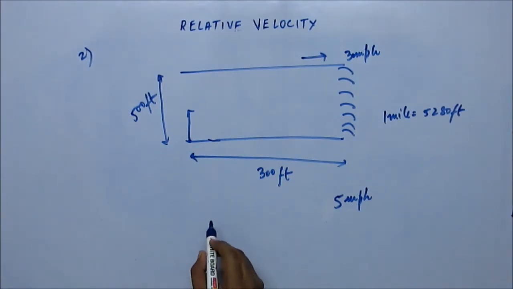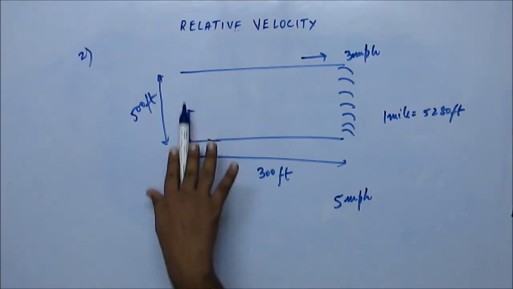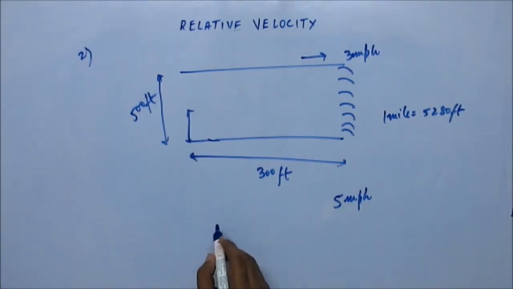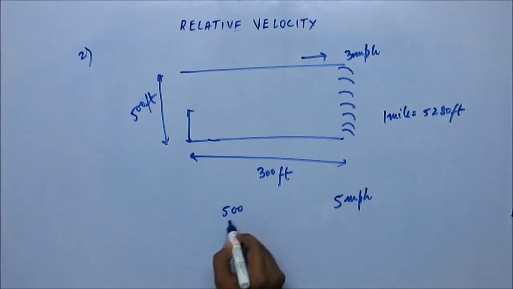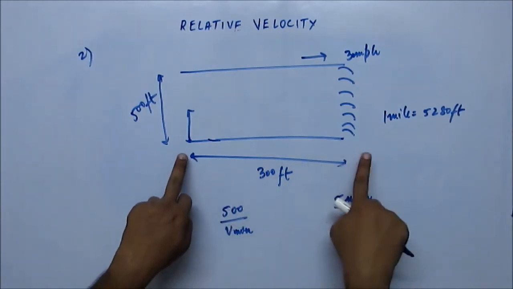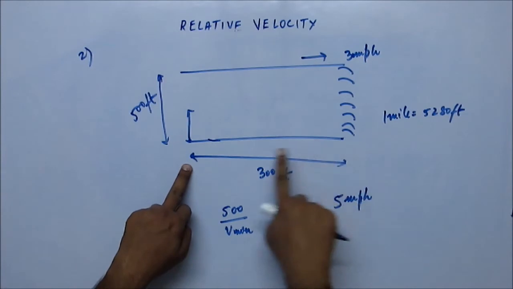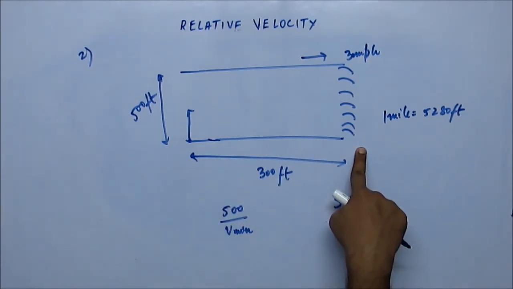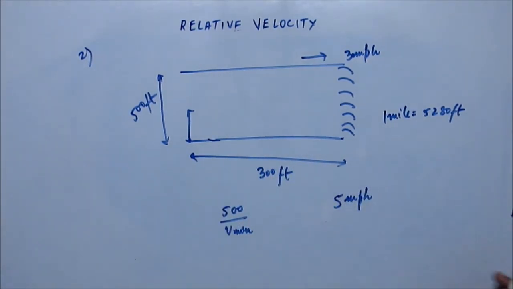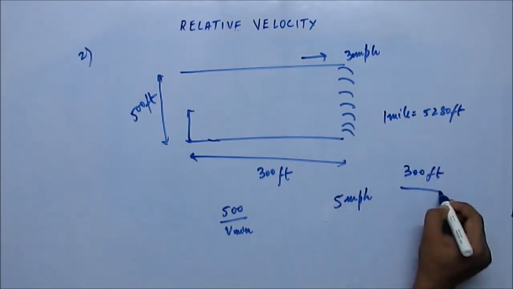Let's see. The minimum speed that you would have, and since you are going perpendicular, the time it would take for you to cross would be 500 upon V min. And you would drift, and the time it would take for you to drift and fall into the waterfall would be the distance, 300 feet, upon the speed.